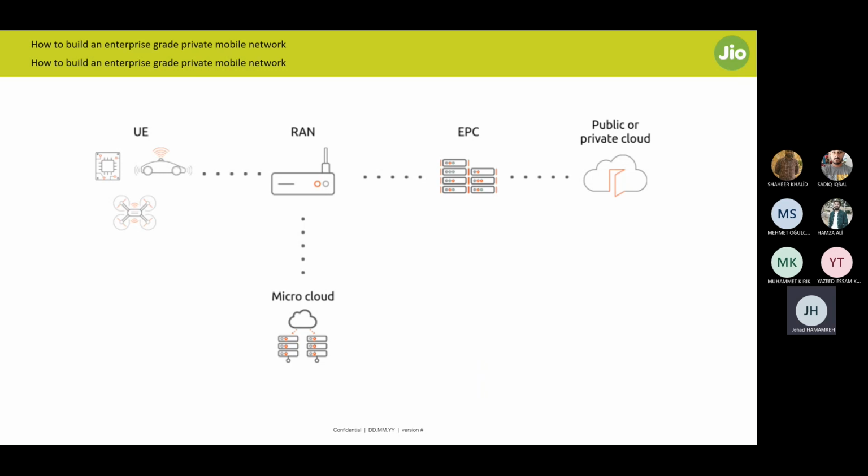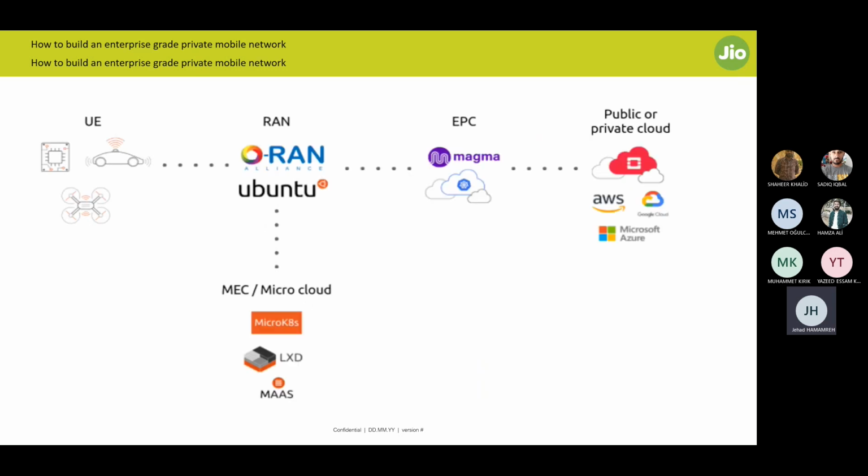Connected with a micro cloud, you can provide your software as a service over the cloud. And this is going to be connected via the EPC, the core, which also has some open source implementations. Most importantly, and the most famous one, is Magma, and this can be optionally connected with a public or a private cloud network.